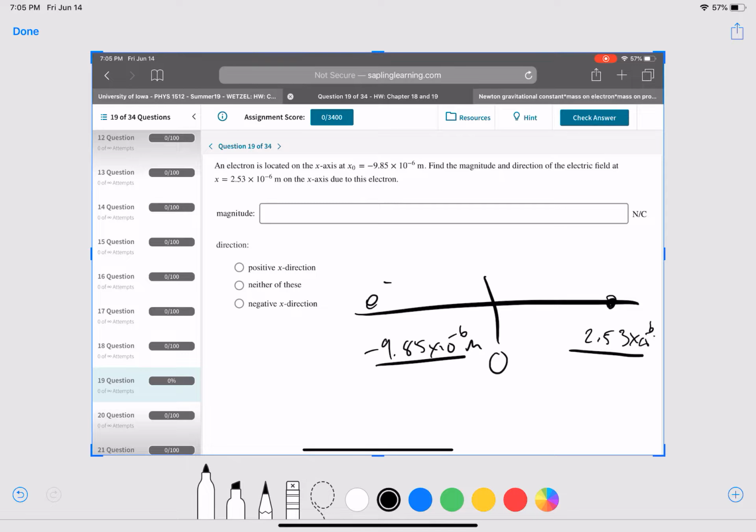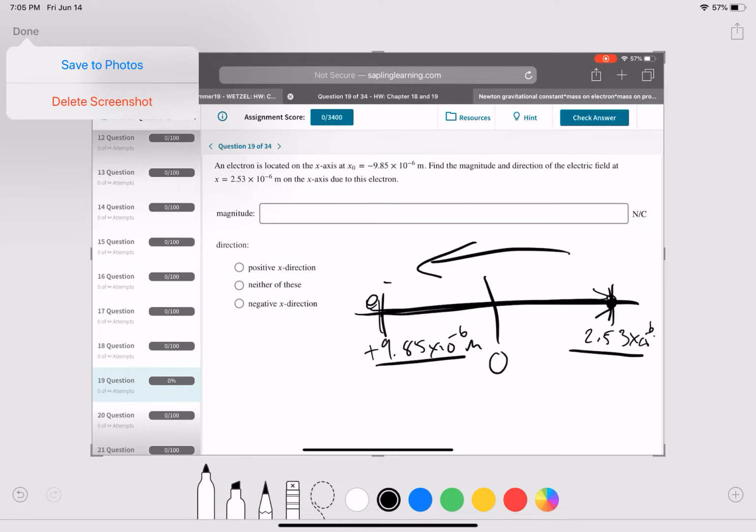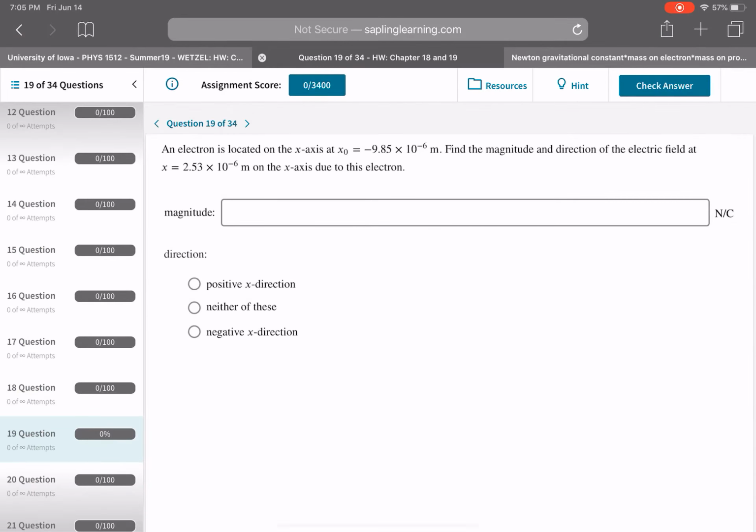You want to add these two together, taking this as a positive number, because you want the total distance for your r. Then it's just kq over r squared, and the trick is getting that r. And then the direction: remember, the electric field goes into an electron, so make sure you have that direction right.